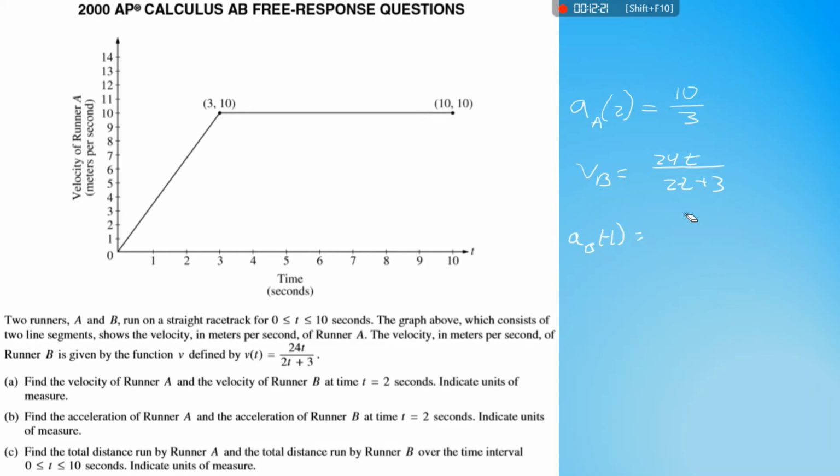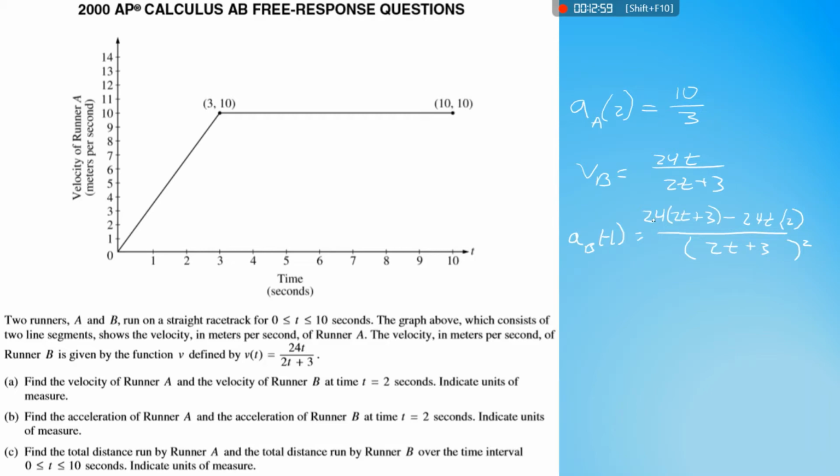If I derive this with the quotient rule, what's going to happen? 24 times (2t plus 3), minus 24t times 2, over (2t plus 3) squared.